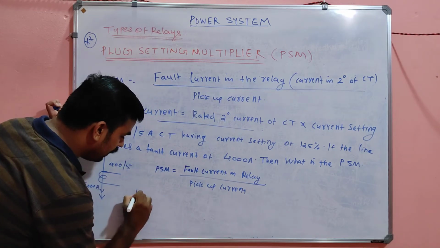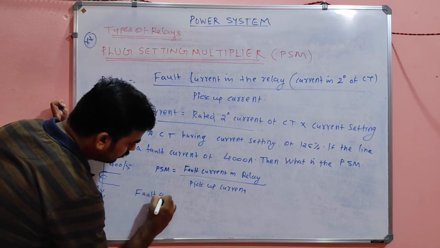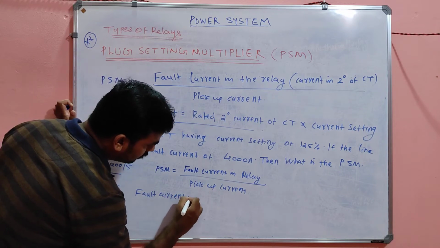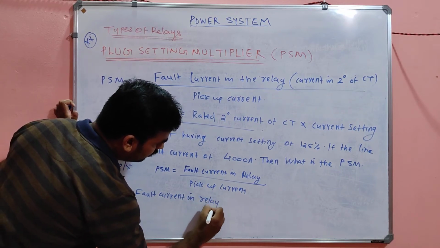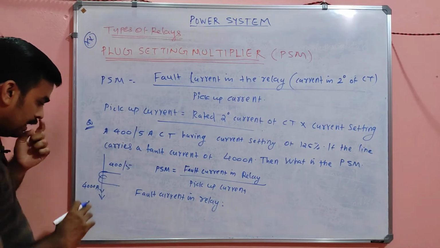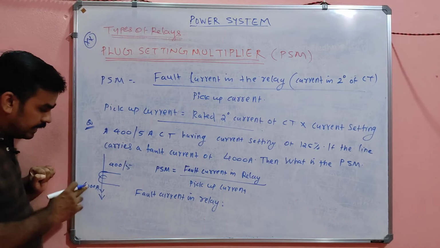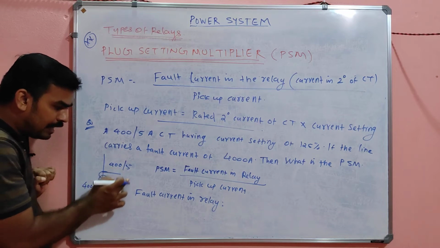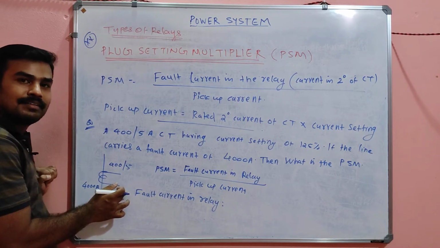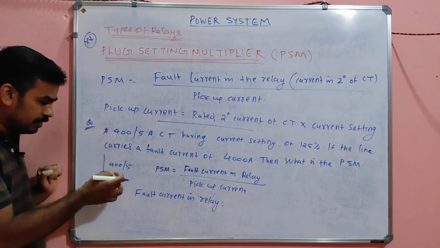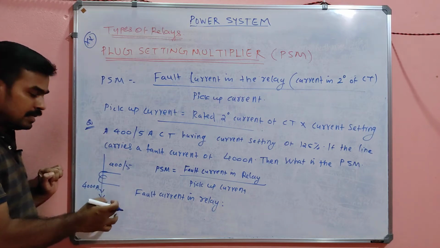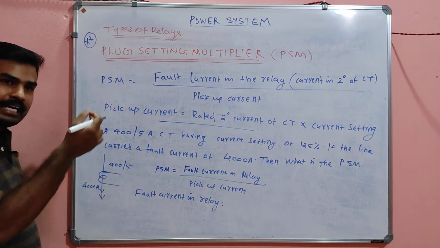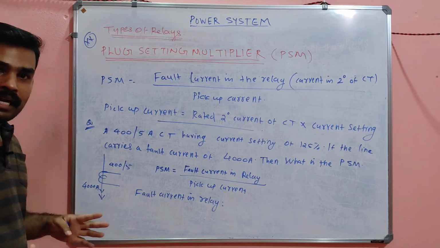So what is the fault current in the relay, my dear? Normally the fault current is 4000 ampere. Is that 4000 ampere going to pass through this relay coil? The relay coil is a fine wire, my dear. The secondary of the CT has a huge number of fine turns.